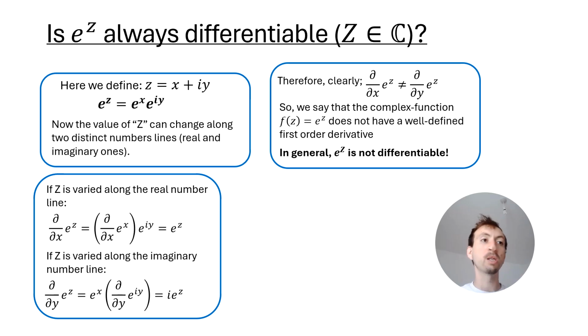There just isn't enough information there. And I think that's really cool, because it's kind of contrary to our expectations. So it turns out that e to the z is never differentiable. It's never analytic, if z is a complex number and retains both a real and imaginary component.